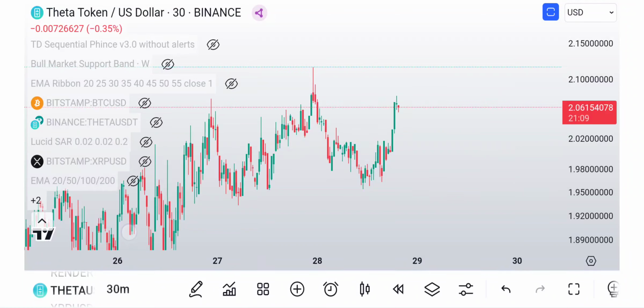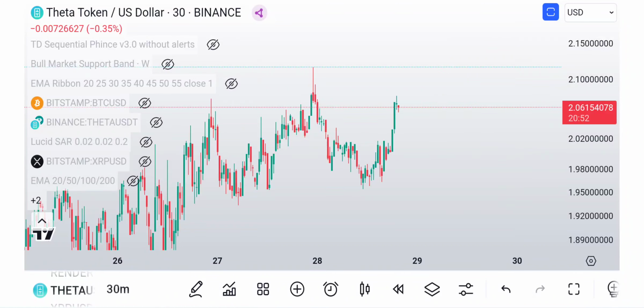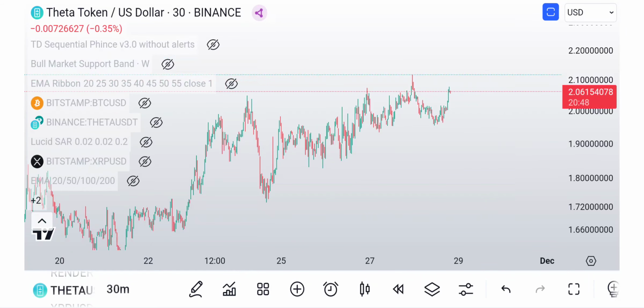So let's see if we get some wave structure. If this thing gives us a little bit of a move like that, I'm going to believe we can break out. But if we have a move like this and get rejected here, maybe we need a 3-way move like that, then go, right? So we'll just have to wait and see. But so far, it looks great.